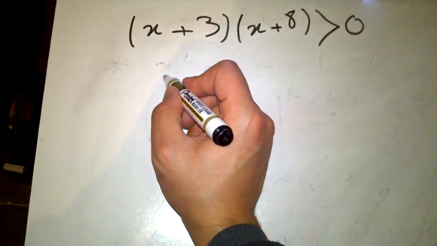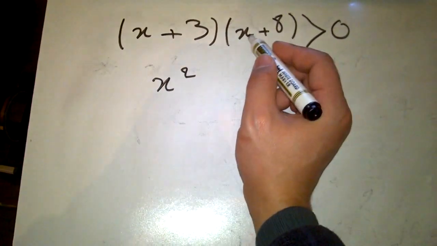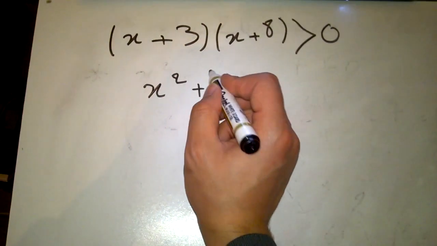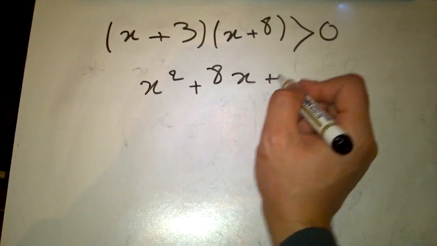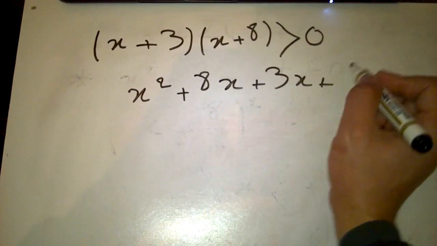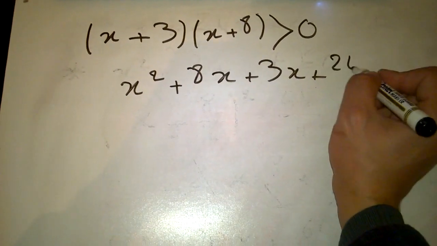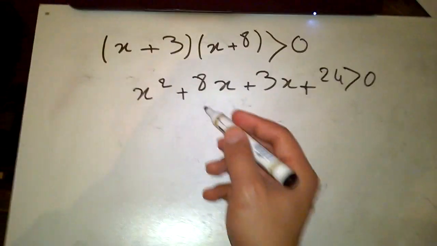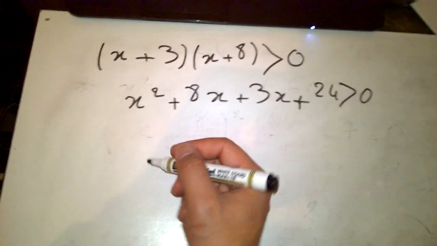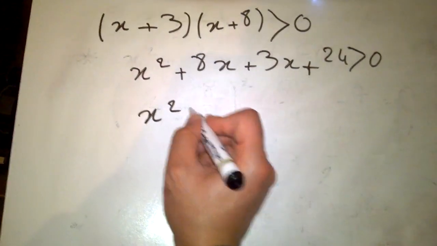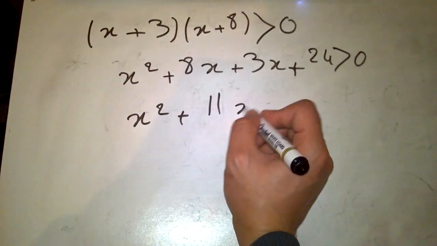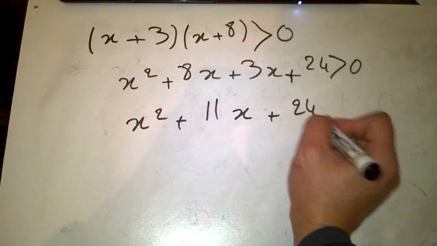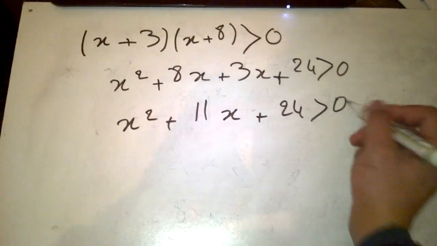You'll get x squared plus 8x plus 3x plus 24 greater than 0. 3x plus 8x is 11x, so x squared plus 11x plus 24 greater than 0.